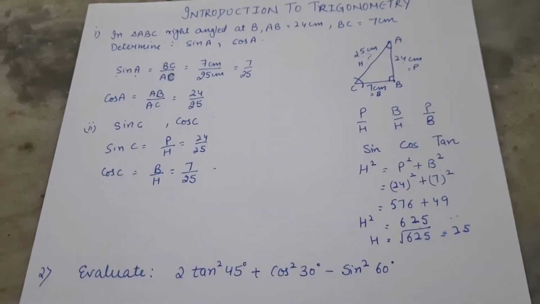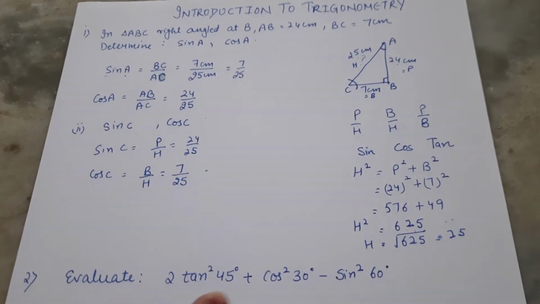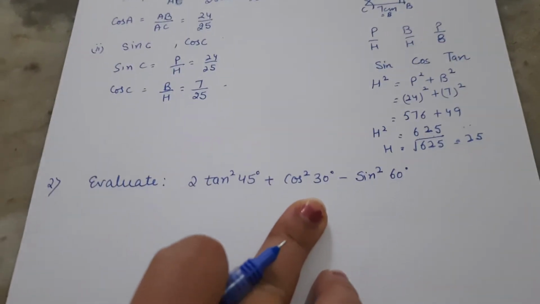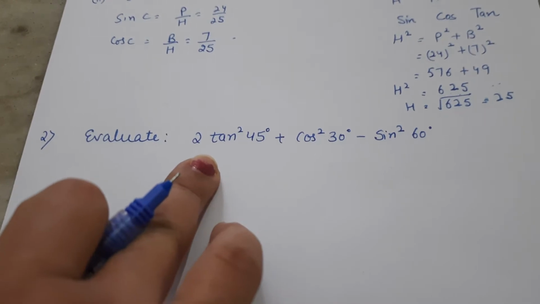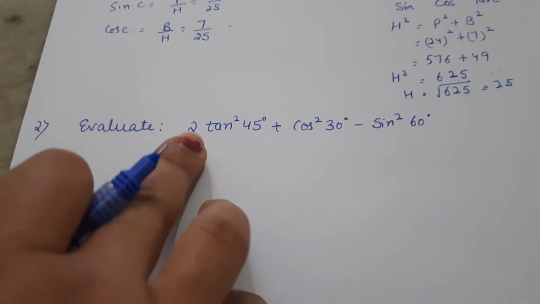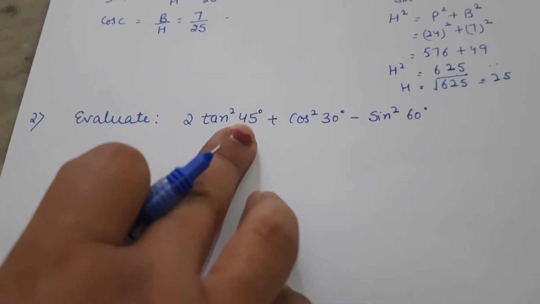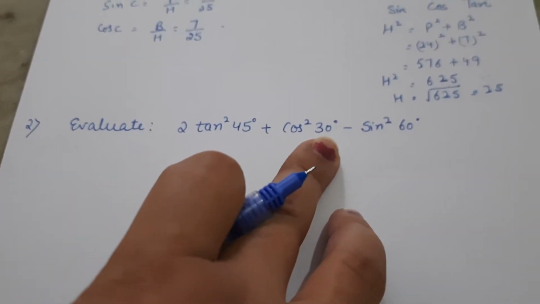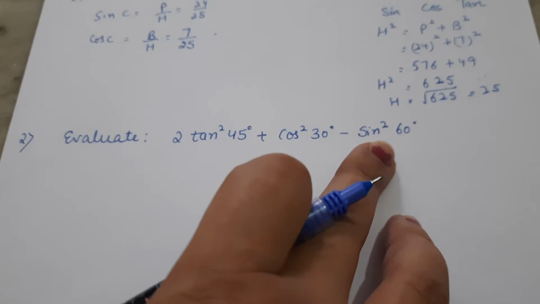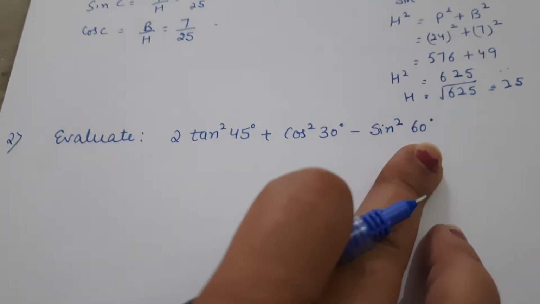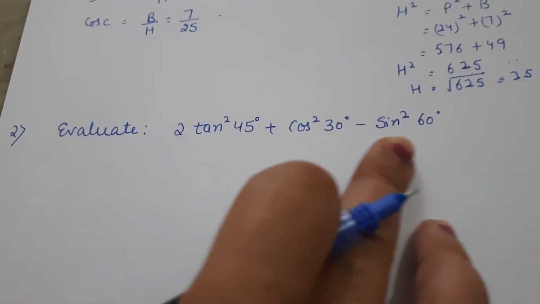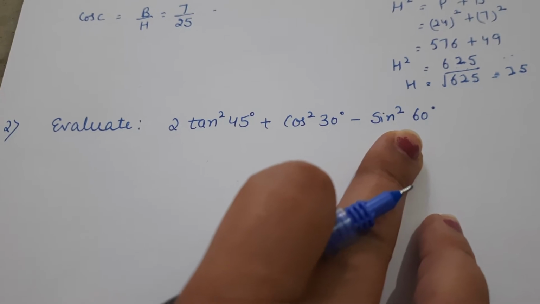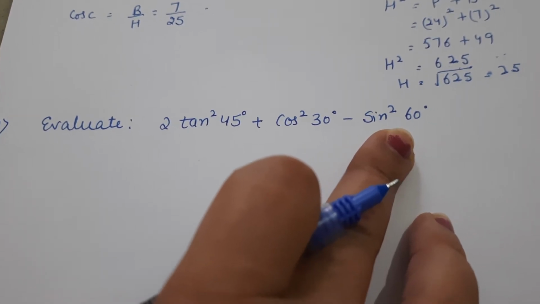Next we have questions based upon some trigonometric values of angles. Tables we already discussed, and as you know, the value of tan 45 is 1, cos 30 degree is under root 3 by 2, and similarly sin 60 is also under root 3 by 2. What we have to do is simply put in the values of the angles given to us.